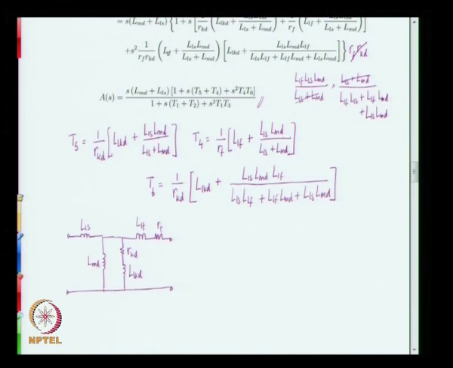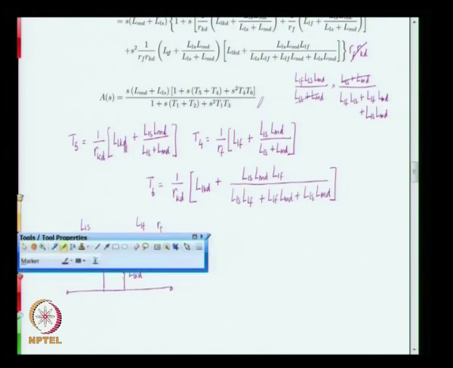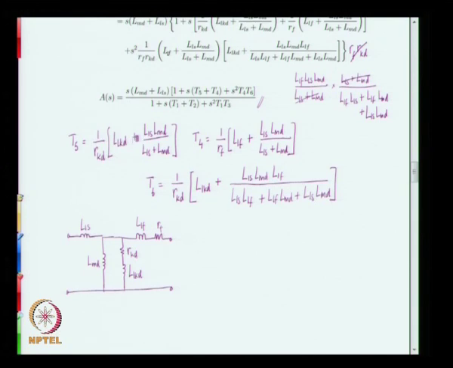Now let us look at the expression for T5. That is LLKD plus LLS LMD by LLS plus LMD. How does this come about? Suppose you assume that this side has been shorted, and then you look at the equivalent inductance as seen across the terminals of RKD.